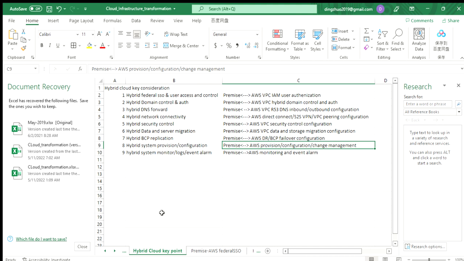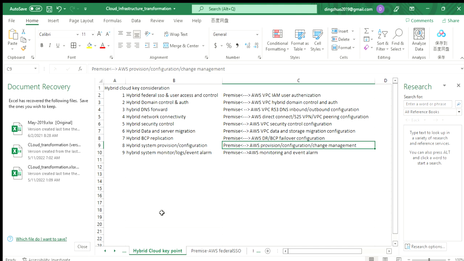But also, the premises data center or premises head office already has an existing DNS setup, which is doing DNS query forwarding.